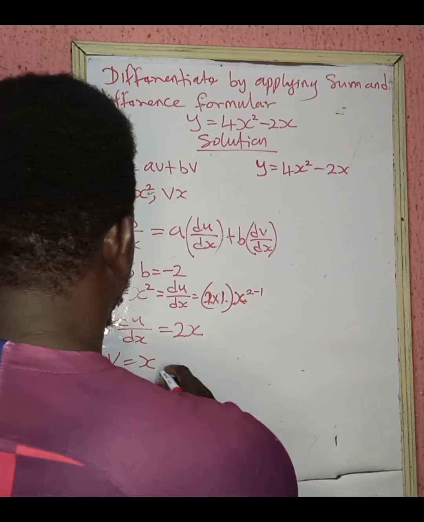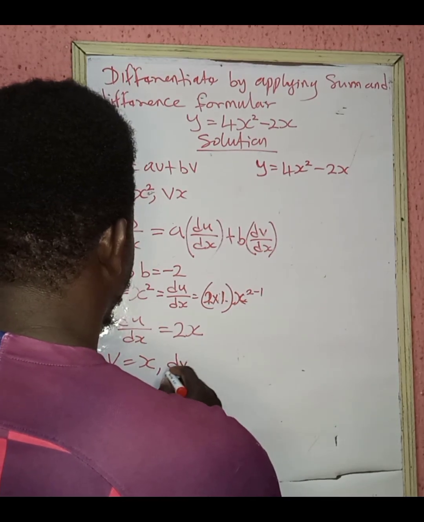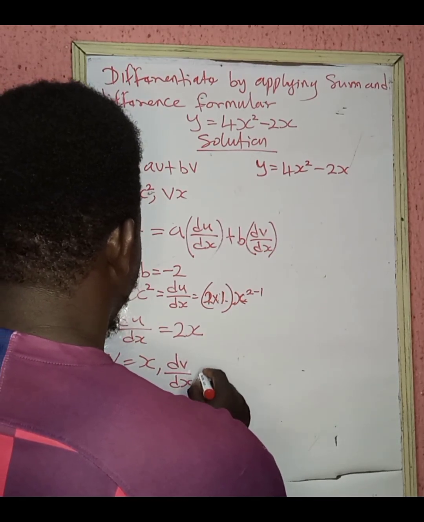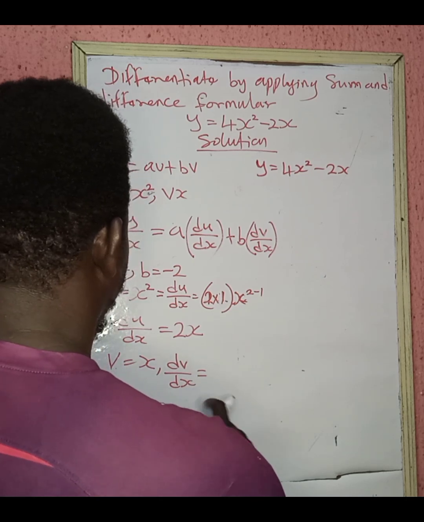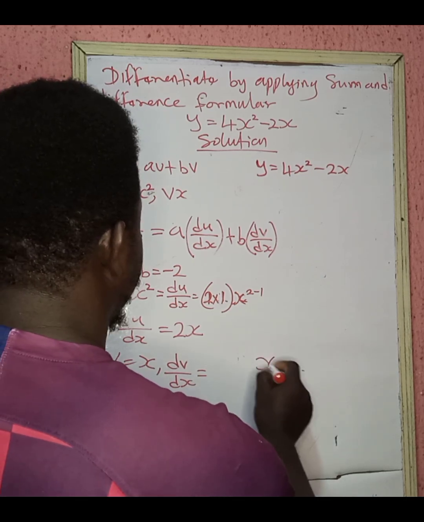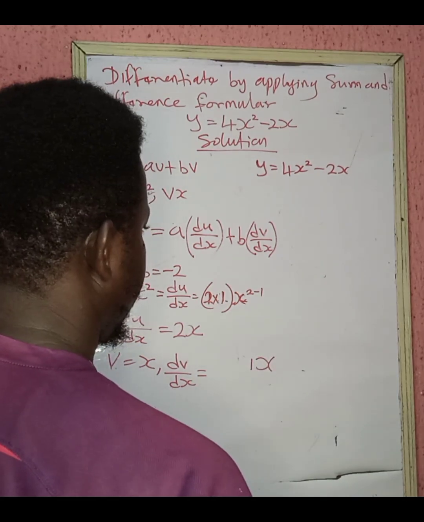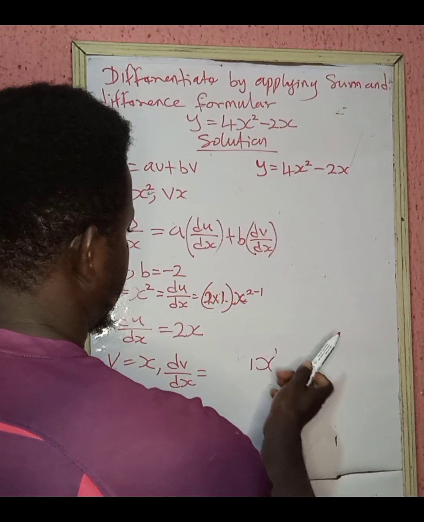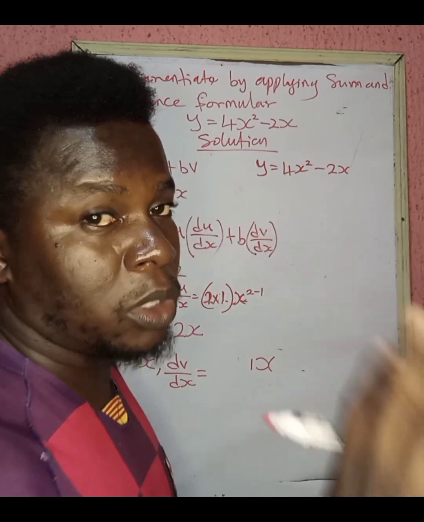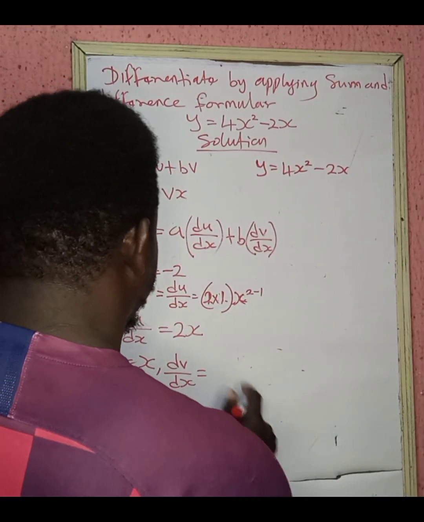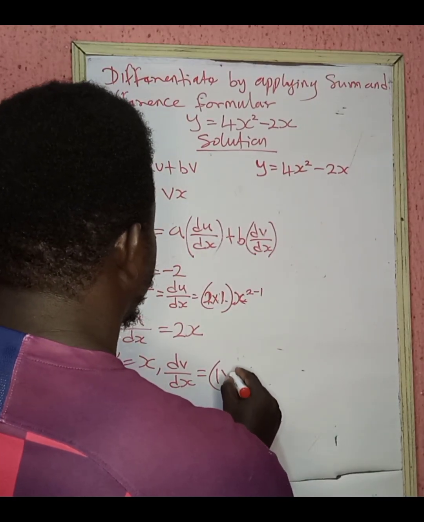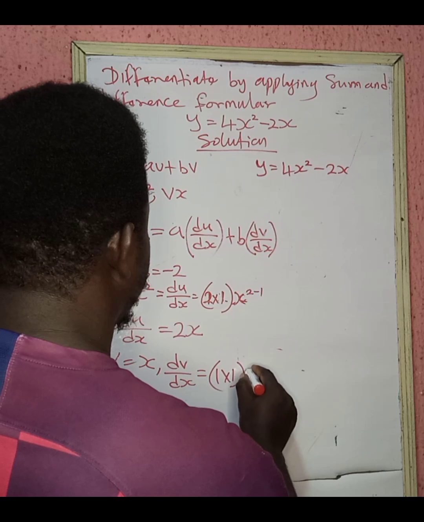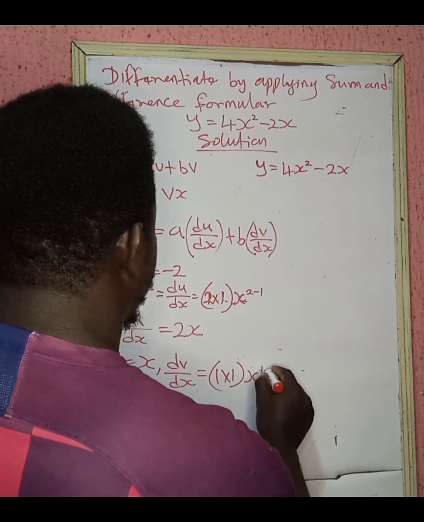So we'll have our v, which is equal to x. Then we also apply our dv over dx, which is equal to, remember now x has an invisible 1 here, but they will not write 1 because it's just x. So we'll say in brackets 1 times 1, close bracket, x to the power 1 minus 1.